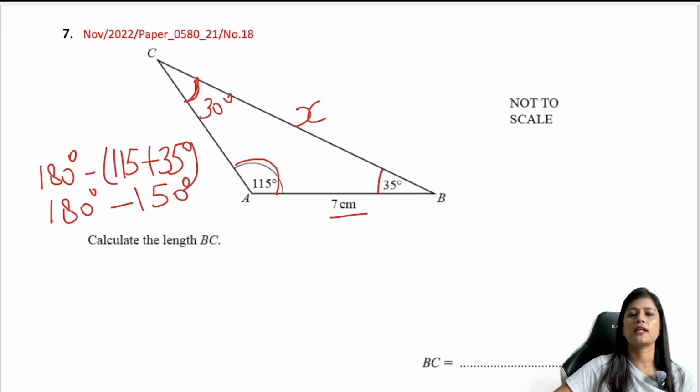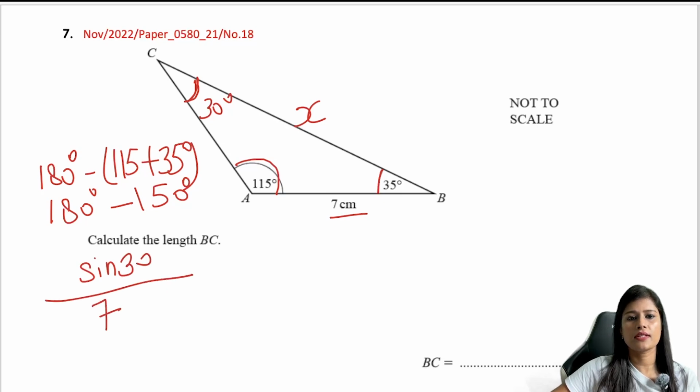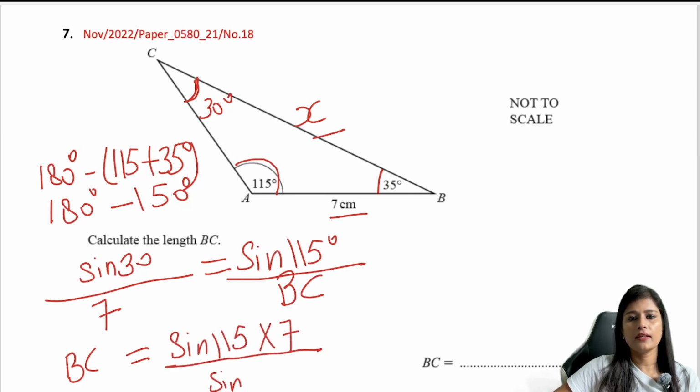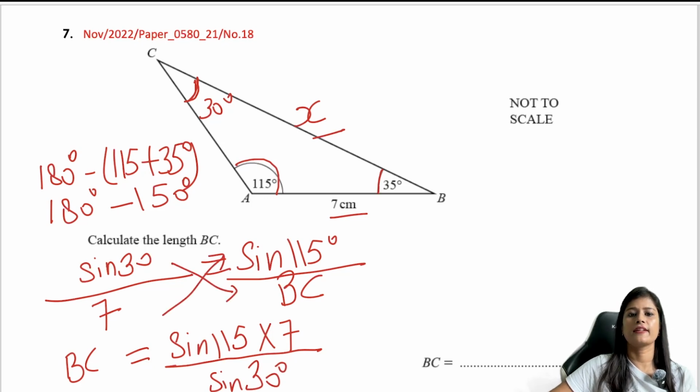Now I can use the sine rule in this triangle. So sine 30 over 7 centimeters equals sine 115 degrees over this x, or I can write here BC. So BC will be sine 115 times 7 divided by sine 30 degrees. If I do the cross multiplication like this, sine 30 we know is half.